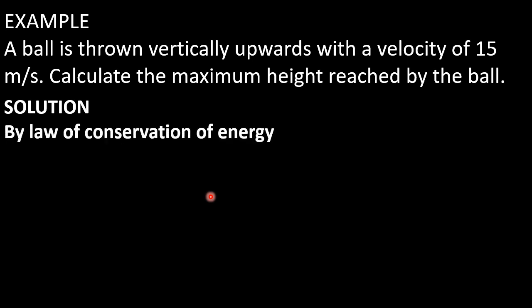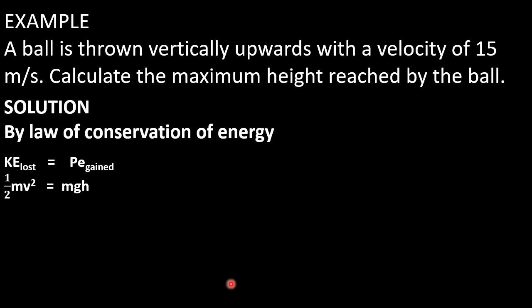According to the law of conservation of energy, the kinetic energy lost is equal to the potential energy gained. When you throw something up, remember that at its lowest point, the body has maximum kinetic energy.